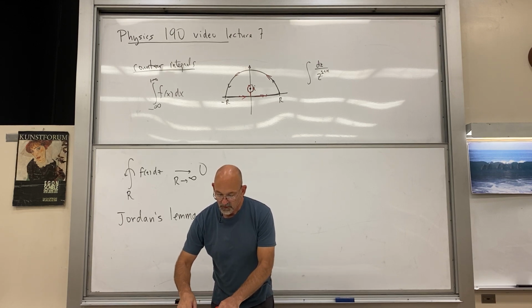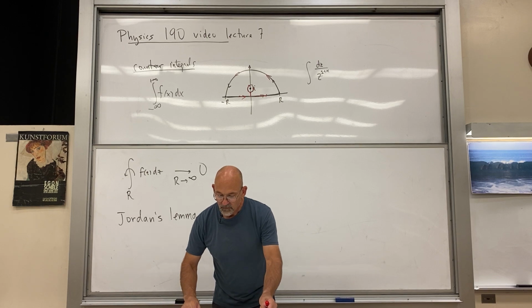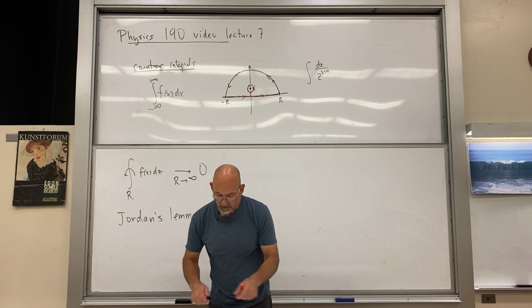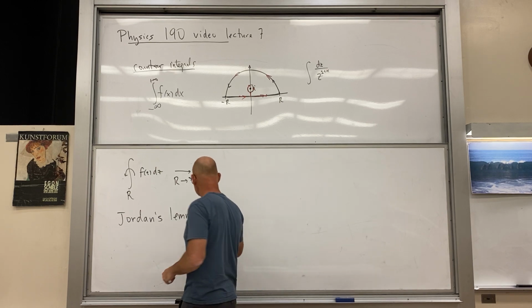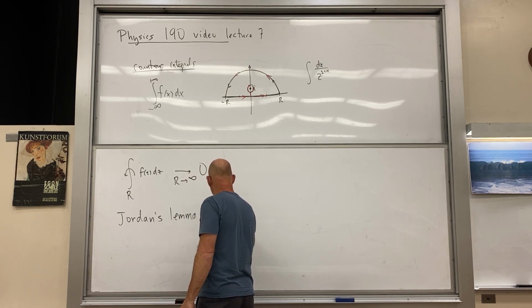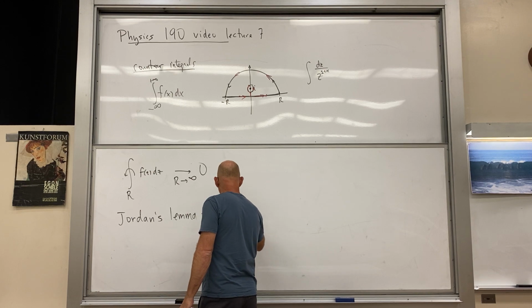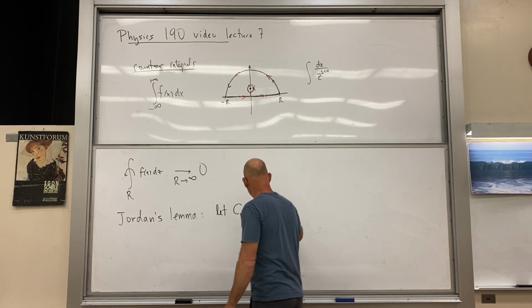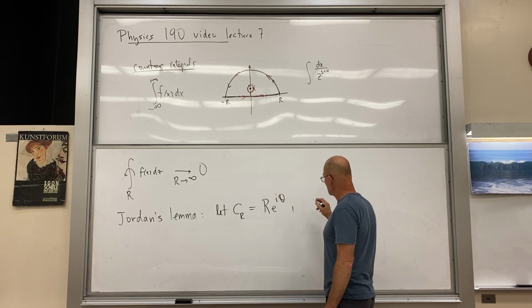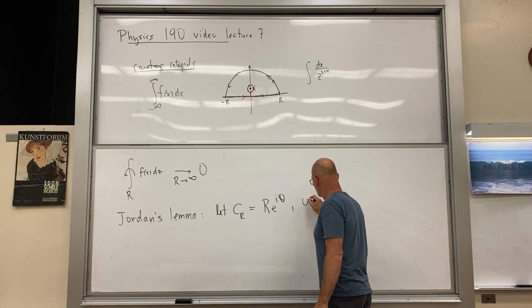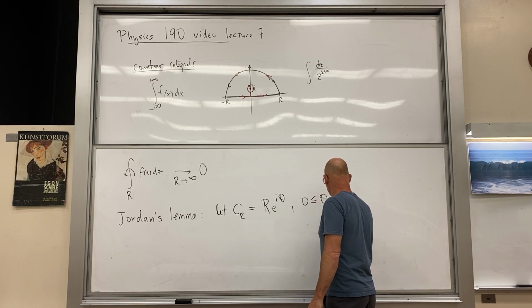Jordan's lemma: let C sub r be equal to r e to the i theta, 0 less or equal to theta less or equal to pi.